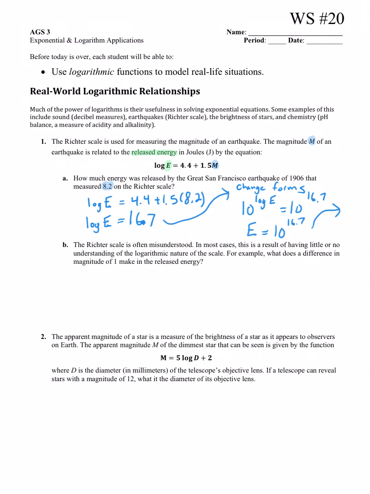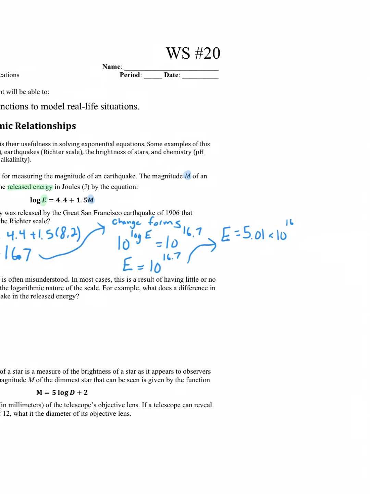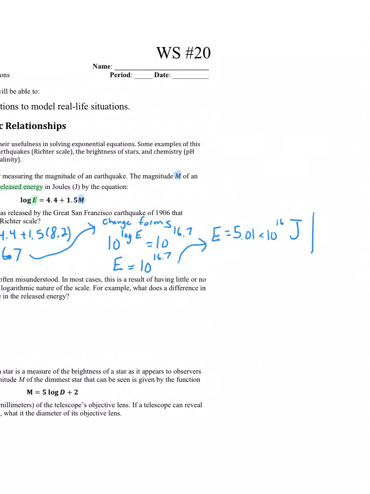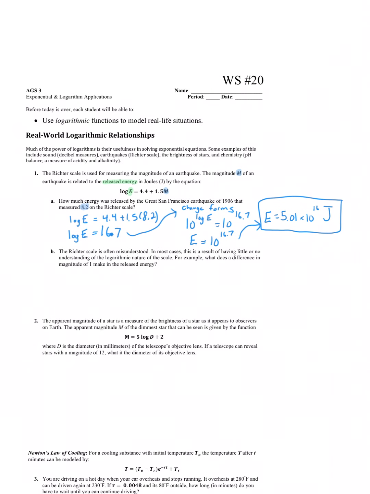If I put that in my calculator, all my calculator is going to do is change this to scientific notation. It's going to change it to 5.01 times 10 to the 16th power, and then we'll say J for joules. So in the Great San Francisco earthquake, the energy released was 5.01 times 10 to the 16th joules of energy. If you don't understand what a joule is, I'm not very good with joules. I can't fathom how much energy that is, but I know it's a lot of energy.